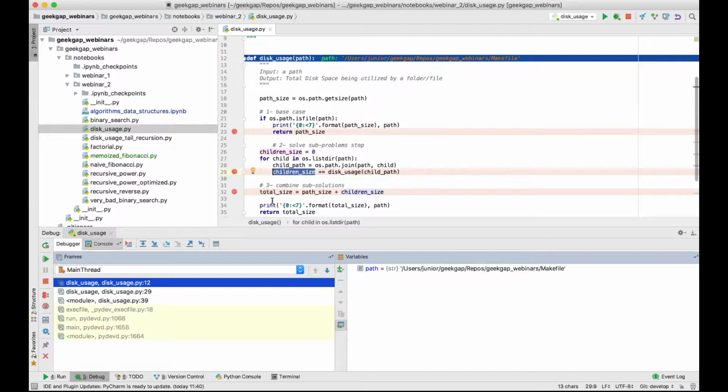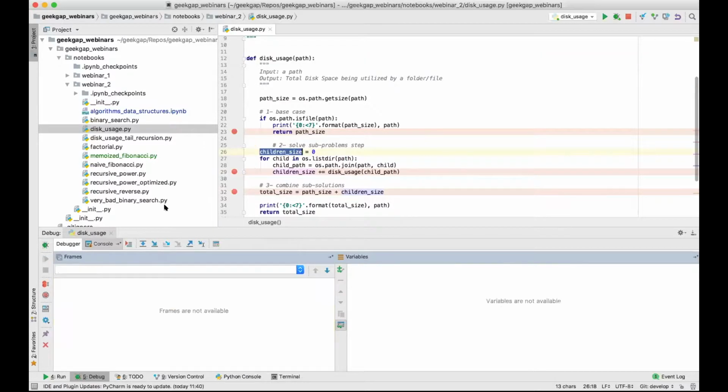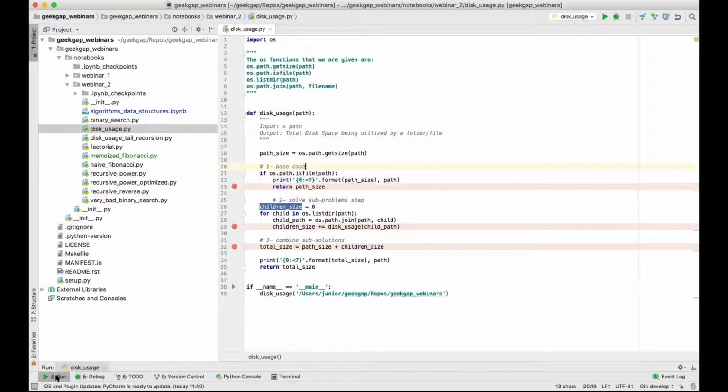Once you're done, I won't follow all the steps because there are quite a lot of files in this folder. At some point, we are going to hit this line here, and this means that we have found the size of all the children within a single folder, and then we're going to get out like this. So if I close this and I actually run the function, you're going to see what it's going to write here.